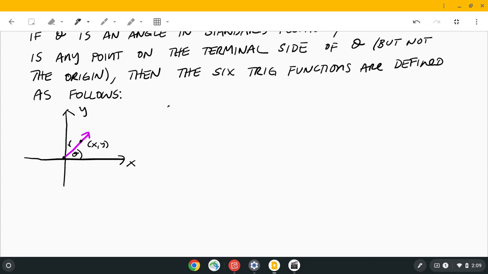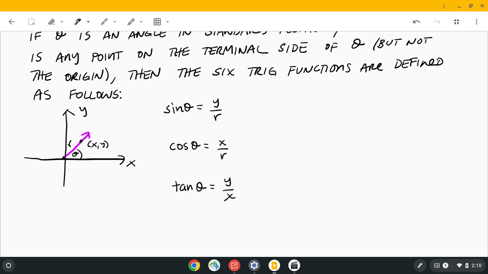Okay? And so what happens is we have sine theta is equal to y over r. Cosine theta is equal to x over r, and tangent theta is equal to y over x. And what we're doing here is we're dealing with these 3 things, x, y, and r, and we're looking at all the different ratios between x, y, and r.